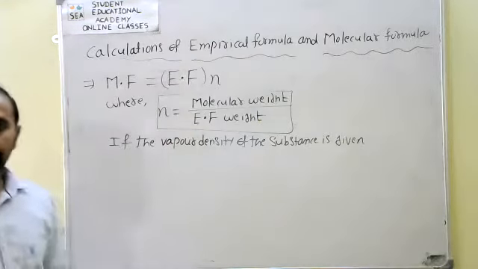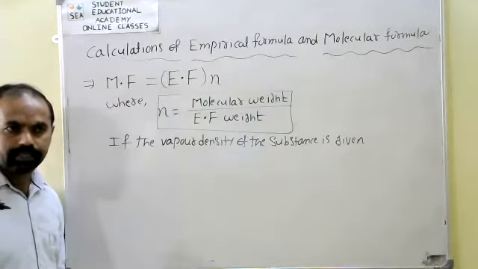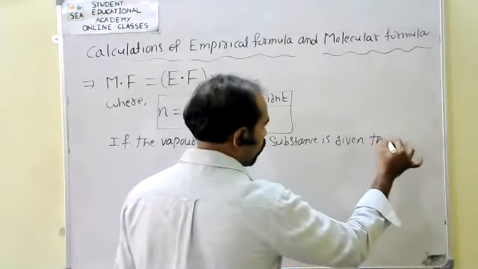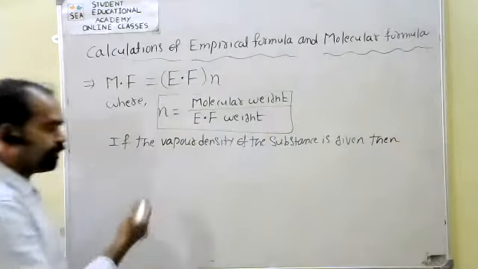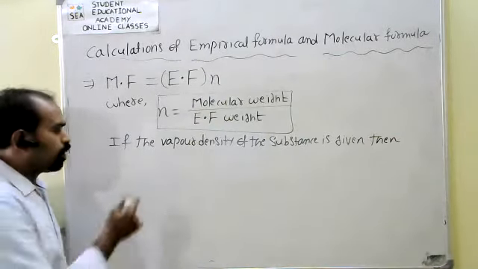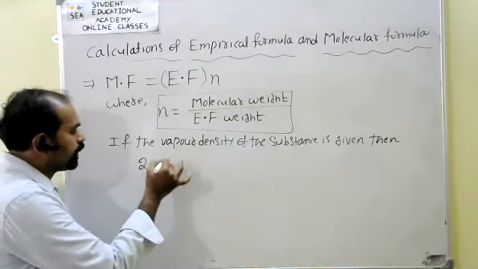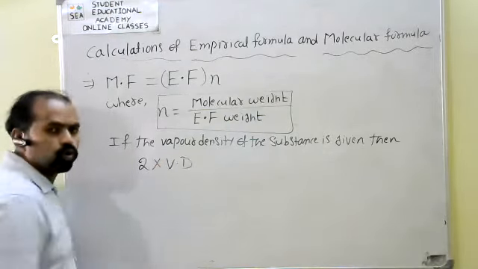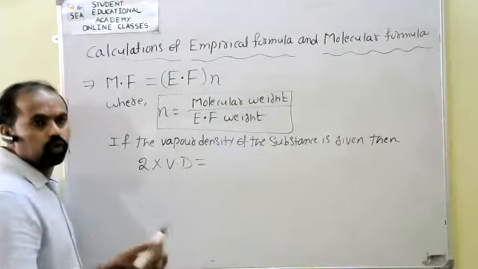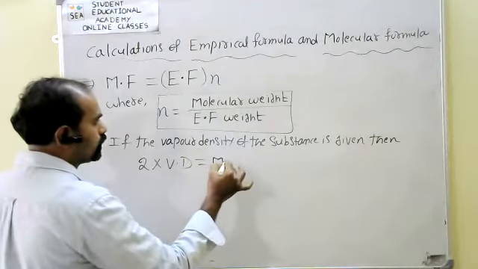If the vapor density of the substance is given, then the molecular weight is equal to 2 into the given vapor density.